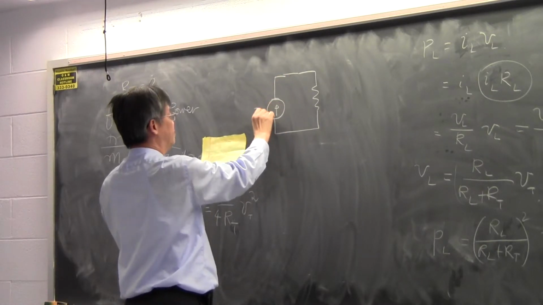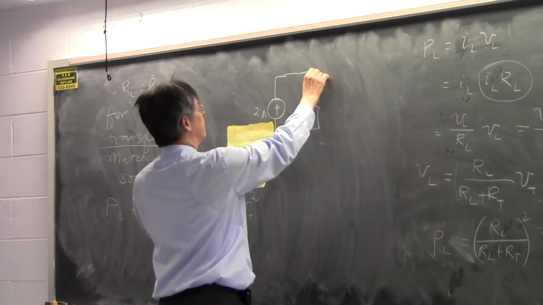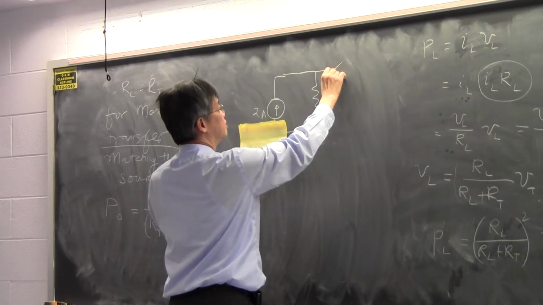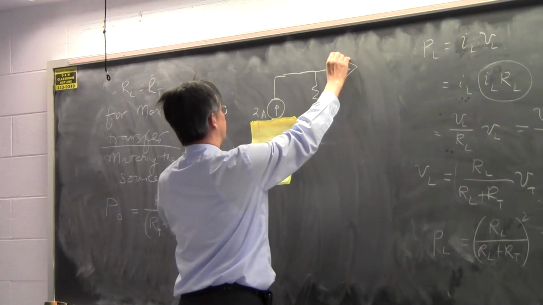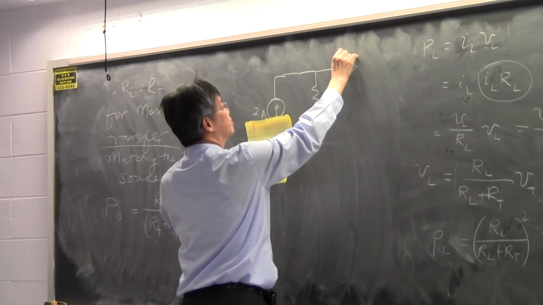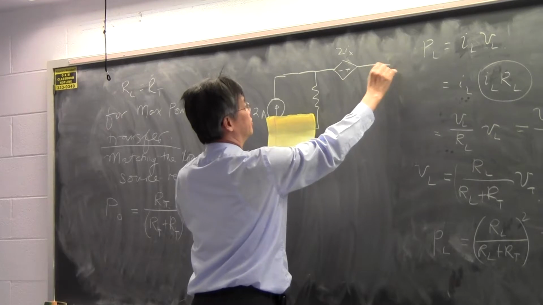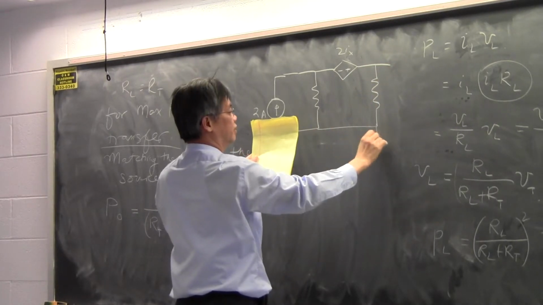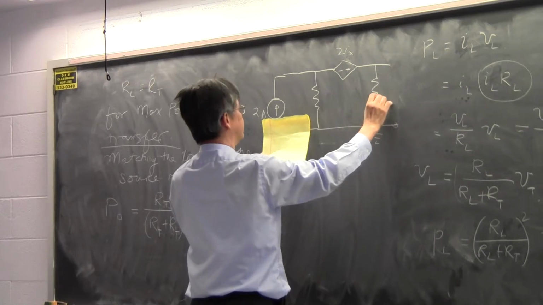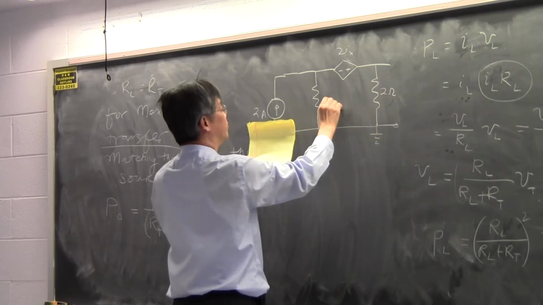Current source, the 2 amp here, and then I would have something like 2Ix over here. That is for the ground here, and then there's the 2 ohms here, 1 ohm.